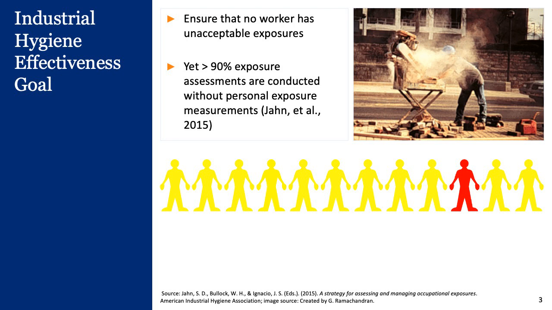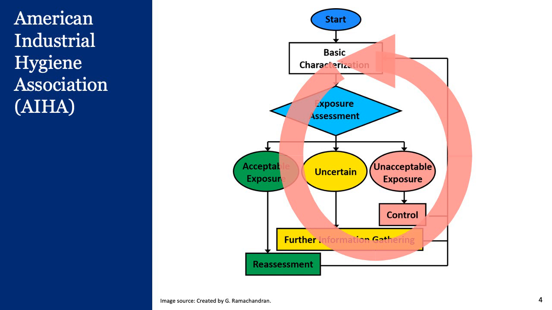So there is a lot of subjectivity and professional judgment that enters into this way of assessing exposures and in meeting our effectiveness goal. And we have been using the AIHA exposure assessment strategy to achieve this goal and to do our exposure assessments.